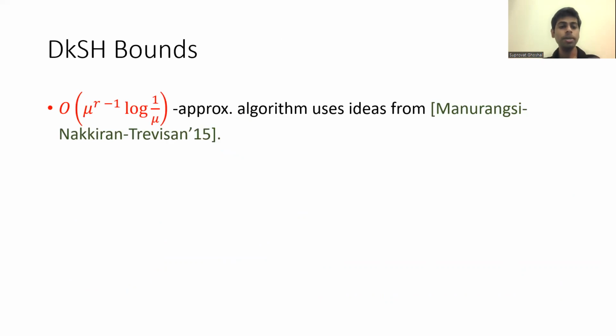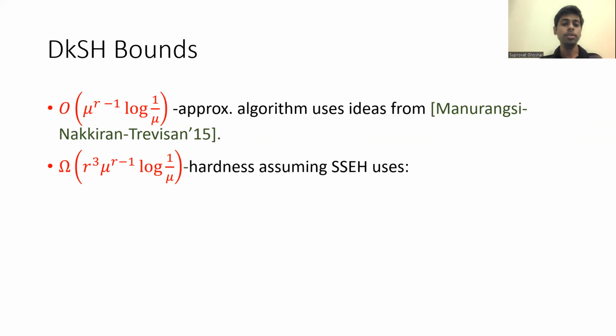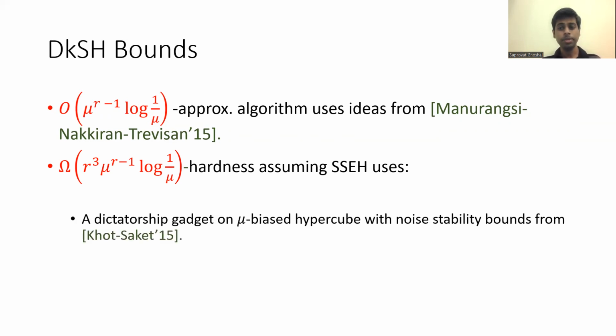And algorithmically, now that we reduce our problem to understanding Densest-k-SubHypergraph, we use a combination of techniques to derive explicit bounds here. In particular, our approximation algorithm uses ideas for an algorithm for Max-CSPs from the work of Manurangsi, Nakiran, and Trevisan. We use a reduction to show the hardness of Densest-k-SubHypergraph, which is dictatorship test based.